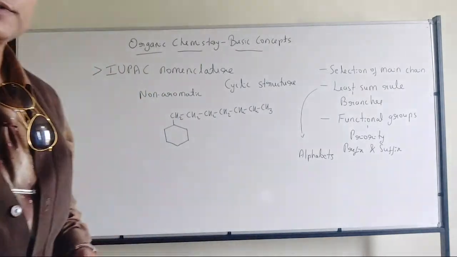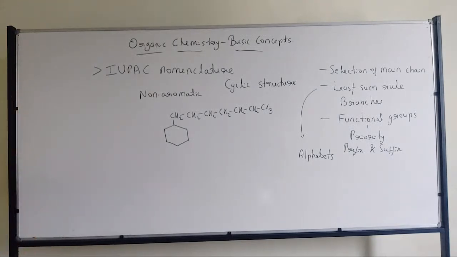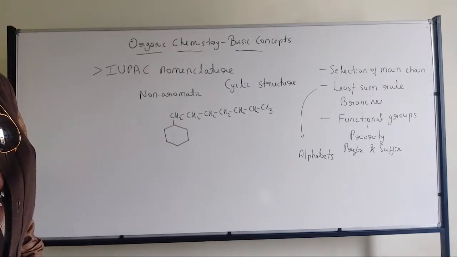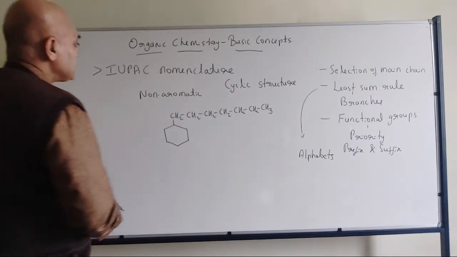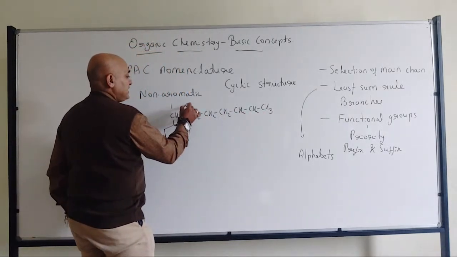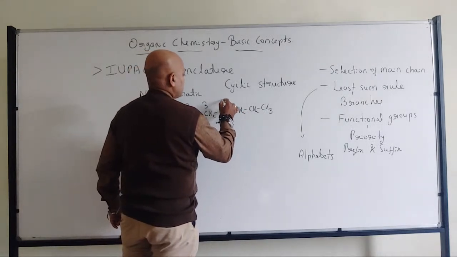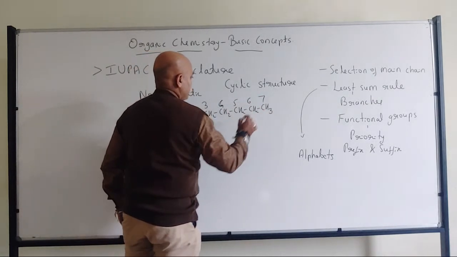Now what we have to do? We can take the parent molecule as heptane because we have 7 carbons: 1, 2, 3, 4, 5, 6, 7.